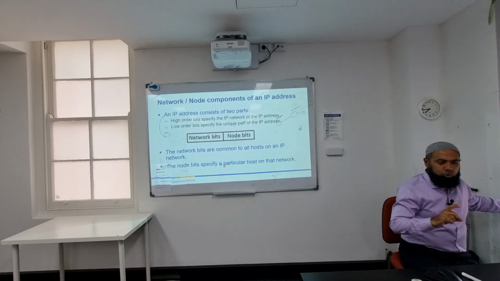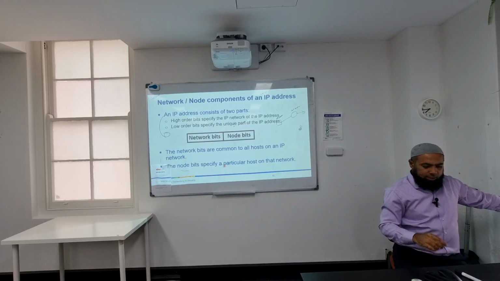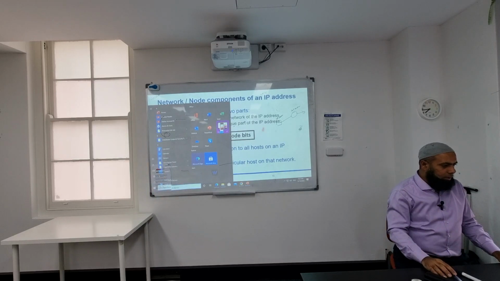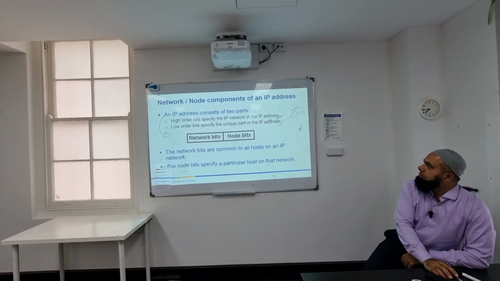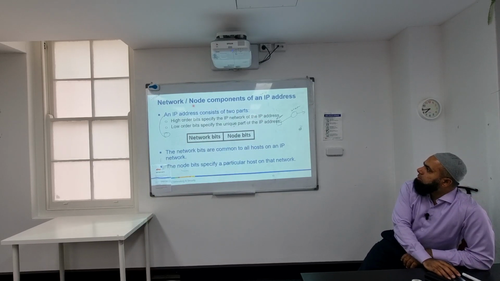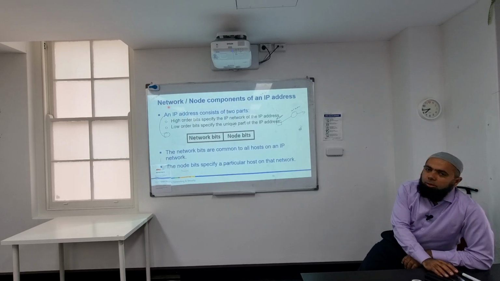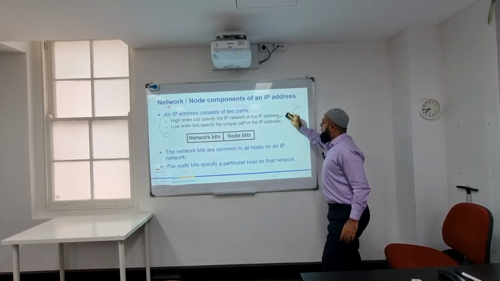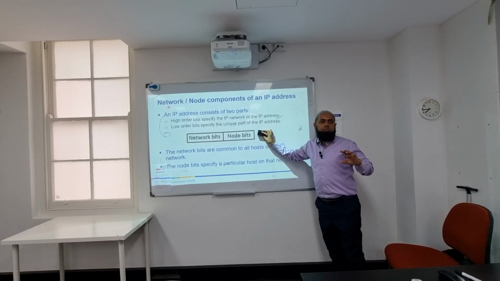Okay, so our next point, which is very important again, is about the network and node components of an IP address. There are two main parts of an IP address. Now we are digging more into the IP address.